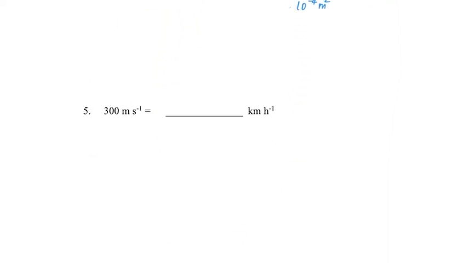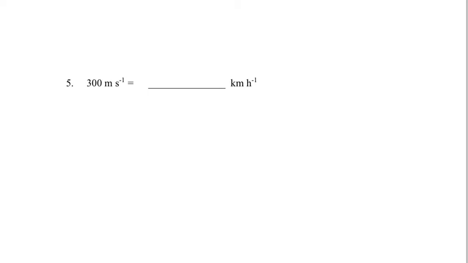Let's move to question 5. Quite a difficult part, and it is 300 meter per second. Maybe writing the unit like this should be easier. First step, we need to eliminate meter, and I would like to convert the unit of length to km. We need to change this part into 1.